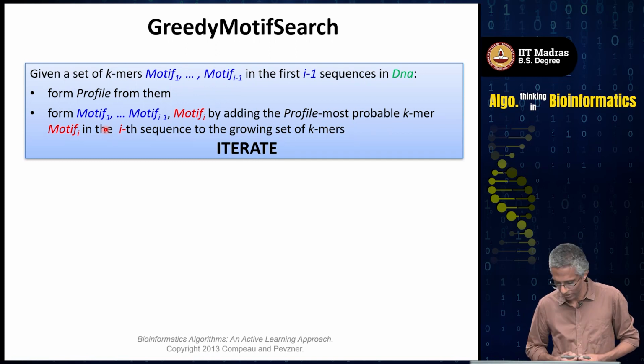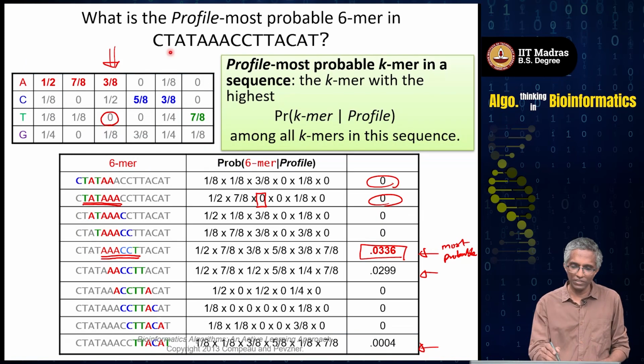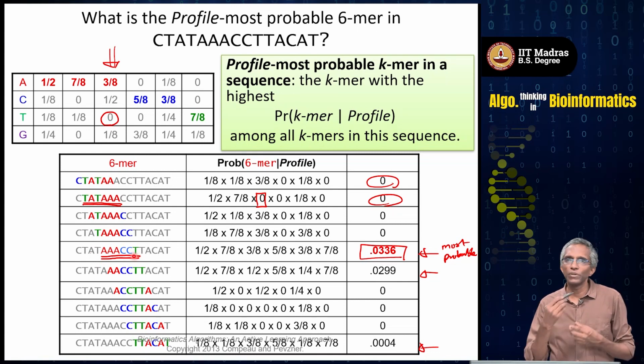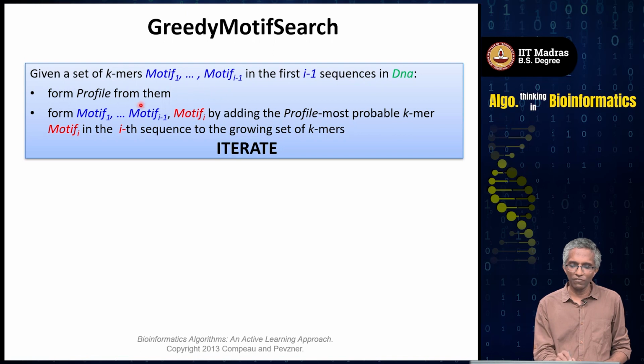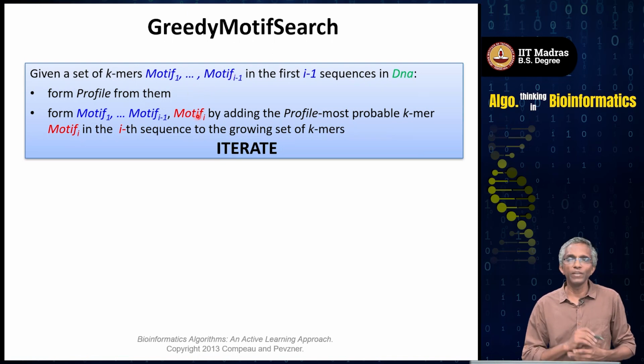If the ith sequence is, as in the previous slides, CTA, TAA and so on, the sequence shown at the top here, then the profile most probable k-mer, motif i, in this ith sequence will be AAACCT. You add it as motif i, and once you add that, you go from i minus 1 motifs to i motifs.